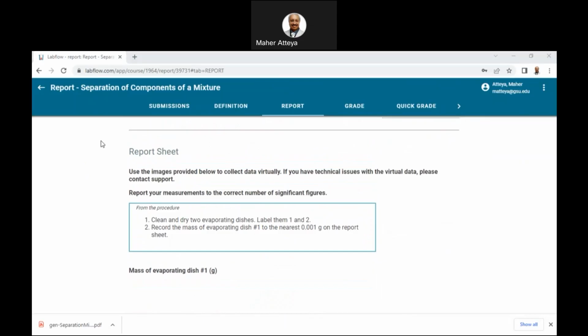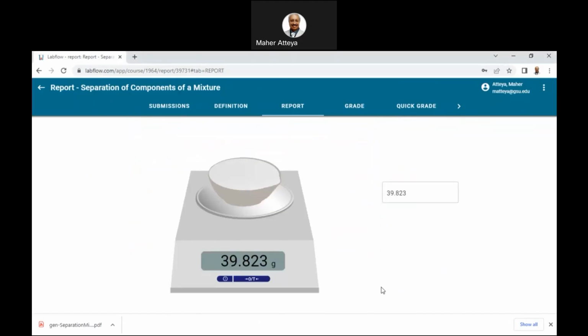Let me take the mass of dish one, copy. This is the mass of dish one, all the way up. So here it is, which was 39.83.